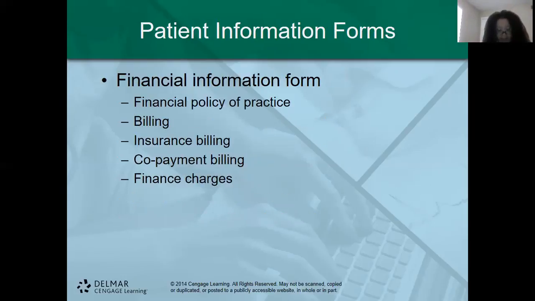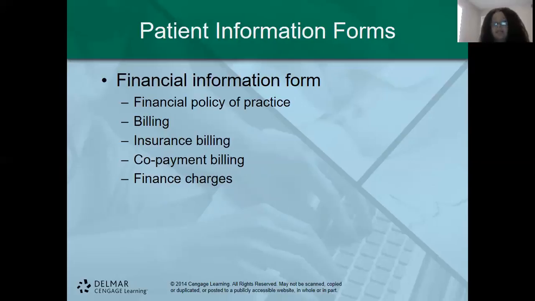Okay, so the next form is a financial information form, and that one is on page 570 in my book. It just describes the financial policy of the practice, different strokes for different folks. Some providers have a stricter financial policy than others. Also, billing. Just know that if you have insurance, they are going to bill that insurance policy first, and whatever money is due, they are going to bill you.